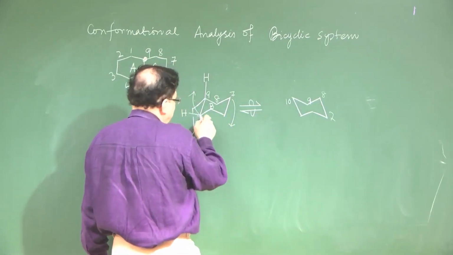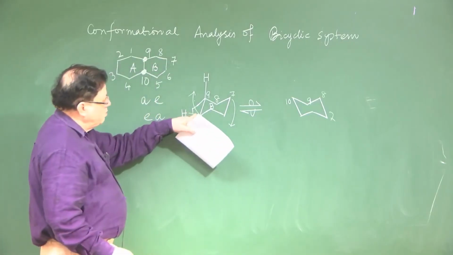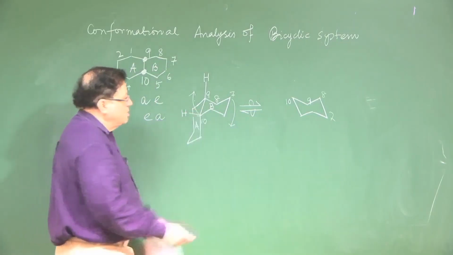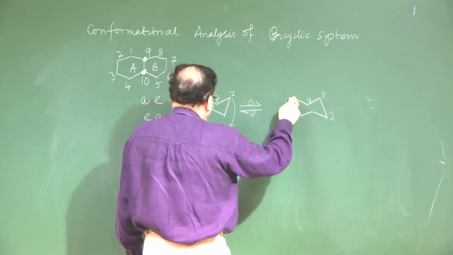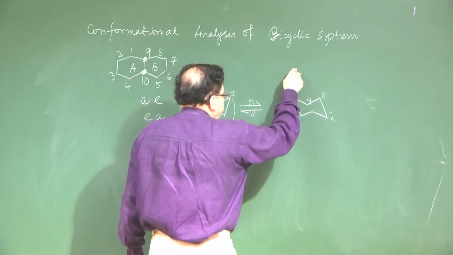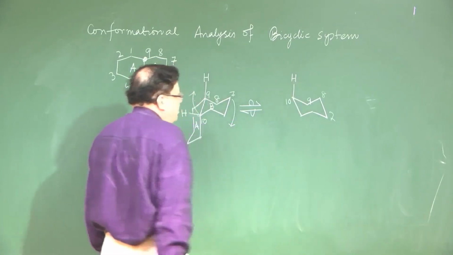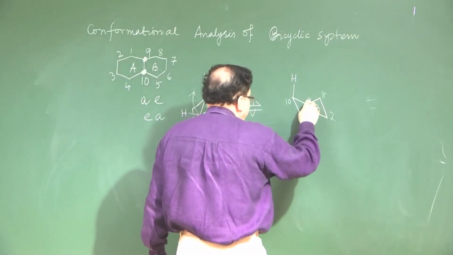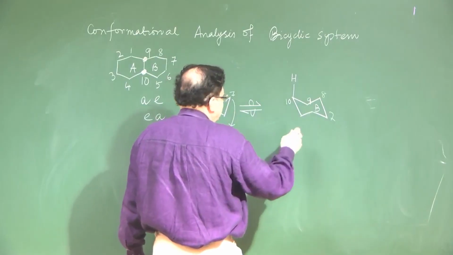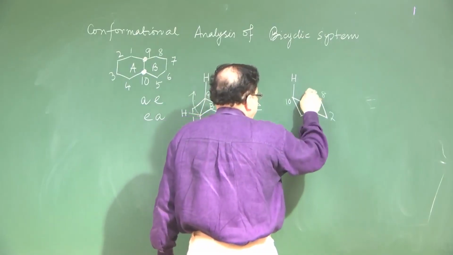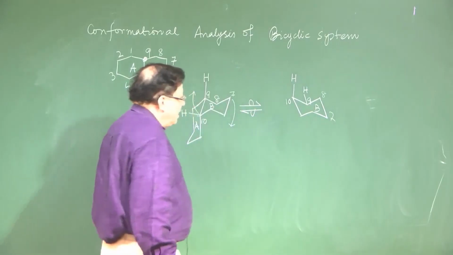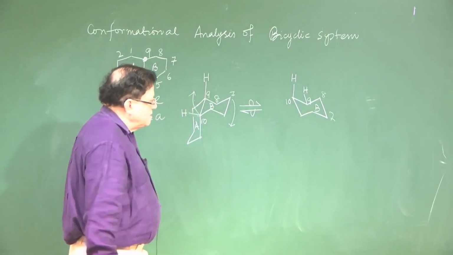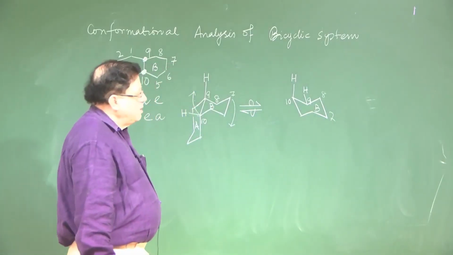C10 hydrogen was earlier beta equatorial with respect to the B ring. So, now C10 will become beta axial with respect to the B ring, and C9 will be beta equatorial with respect to the B ring. So, after flipping, this is the orientation of these hydrogens.